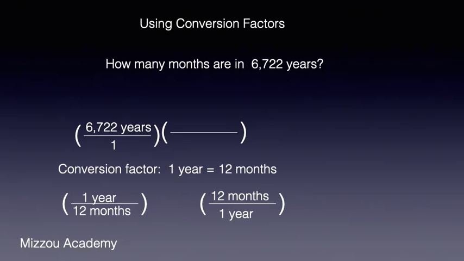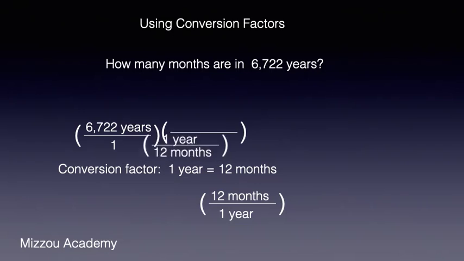In both of these cases, since 1 year and 12 months are the same amount of time, they're both equal to 1. And if you multiply 6,722 years by 1, you're not going to change anything except the units. But which one do we choose? Well, let's show you how to do it using both of them.